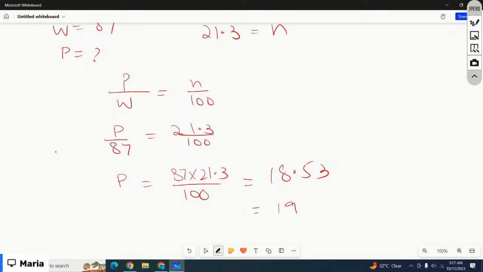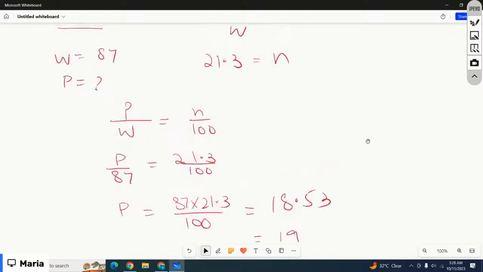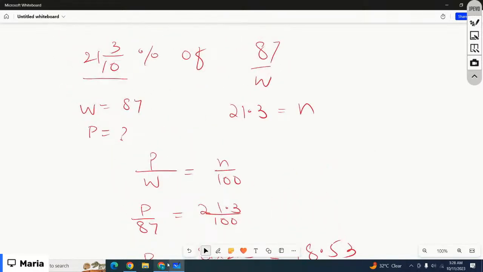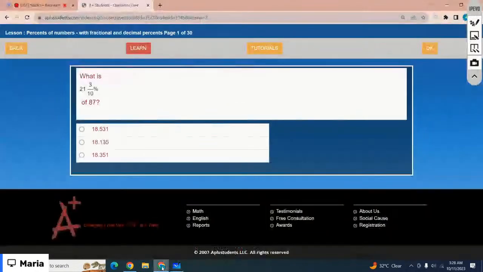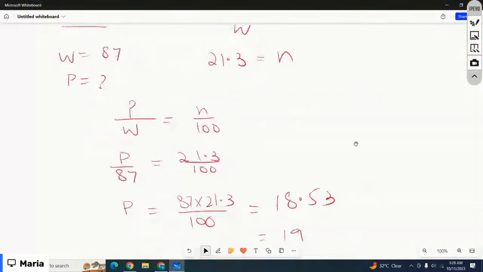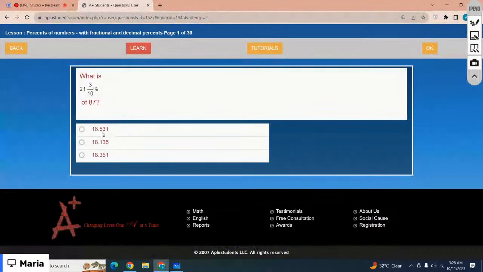It would be rounded off to 19. That means 21.3% of 87 is 19, or 18.53. Got it? The correct option is 18.531. Got it?